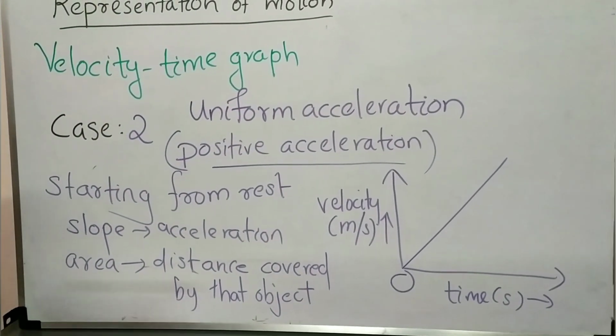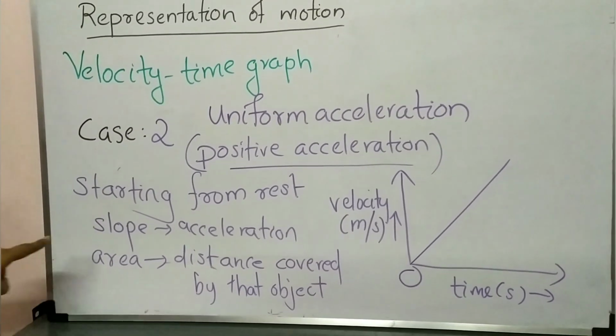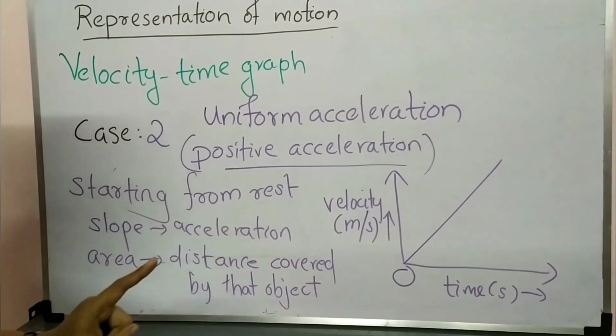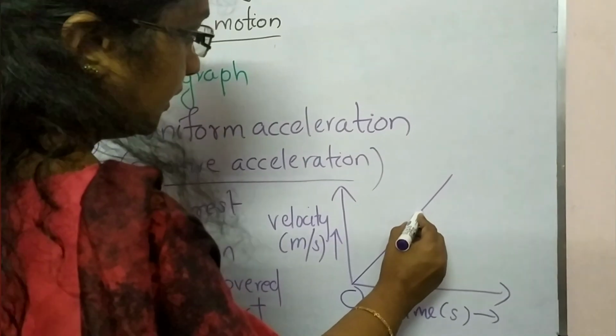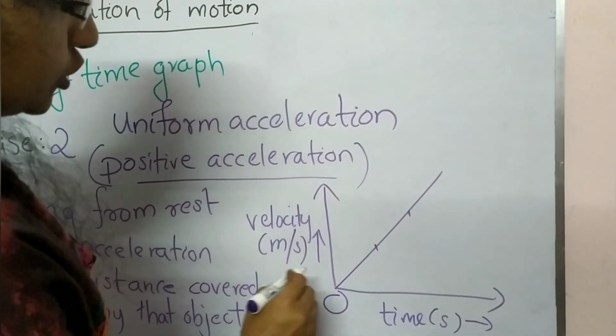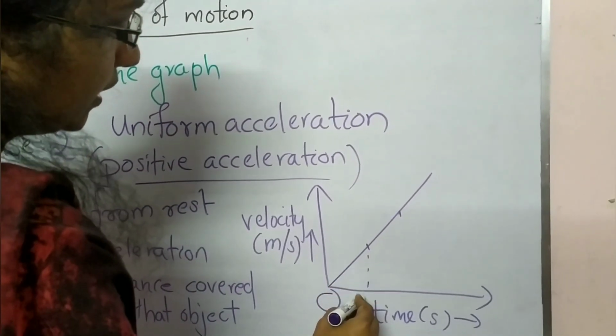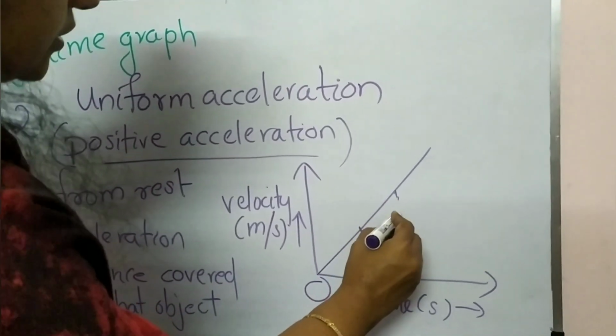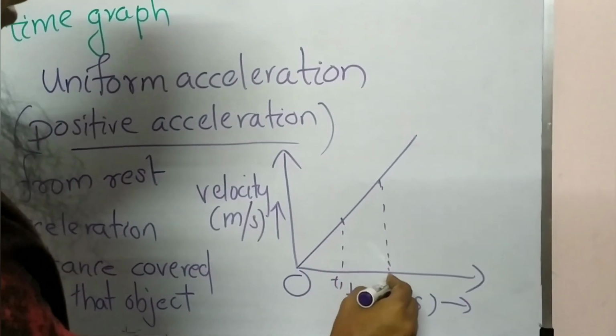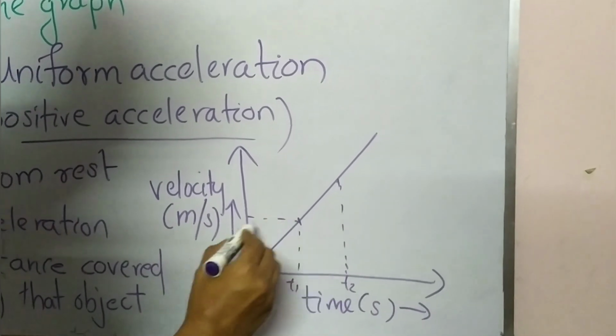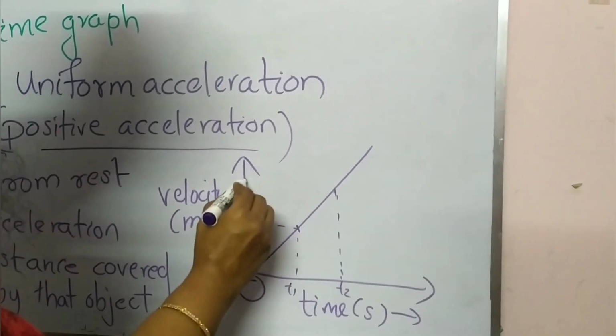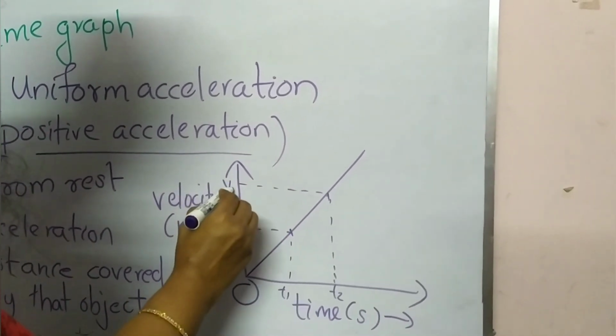You know, the slope of this velocity time graph gives us acceleration. Let us see how. Here you can take a small portion of this graph, and take this as t1 and this as t2, this as v1 and this as v2.